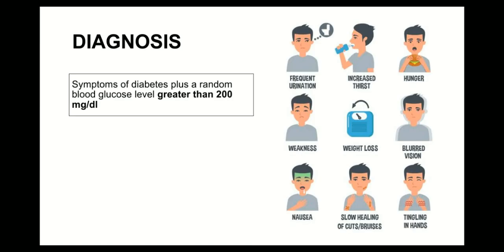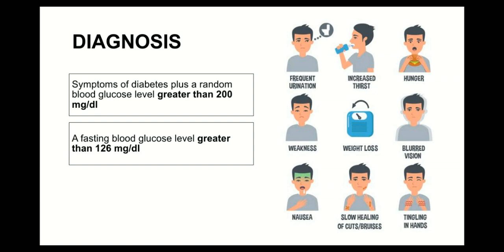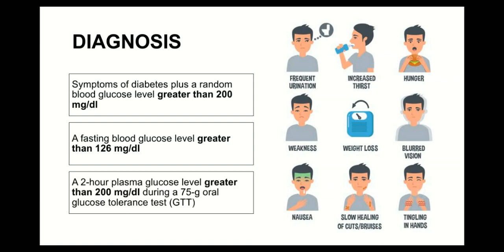So how will we diagnose a child? A diagnosis of type 1 DM is established if one of the following three criteria is present. First is symptoms of DM plus a random blood glucose level greater than 200, then a fasting blood glucose level greater than 126, and a 2-hour plasma glucose level greater than 200 milligrams.